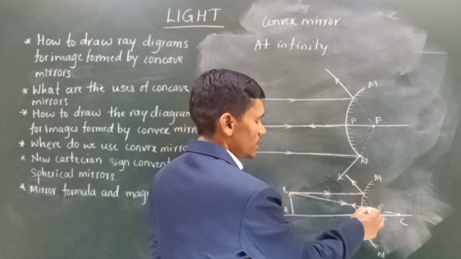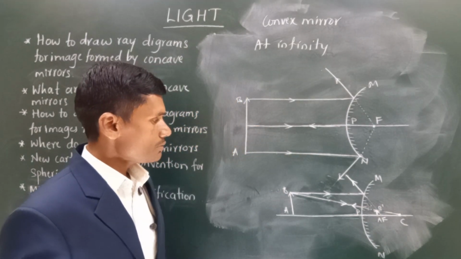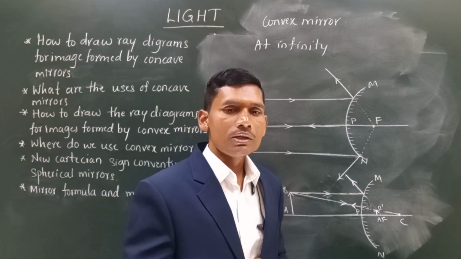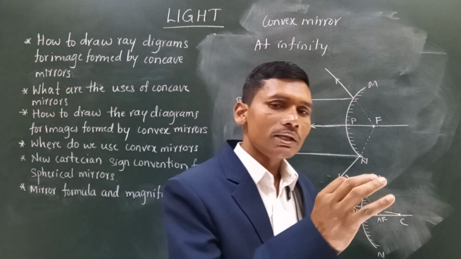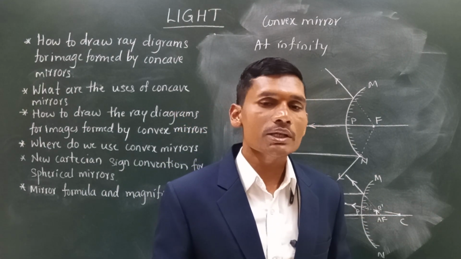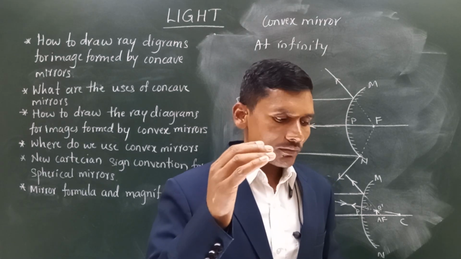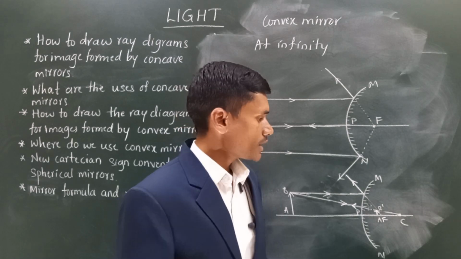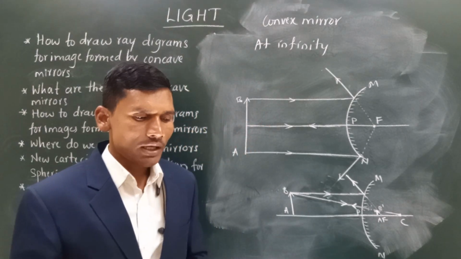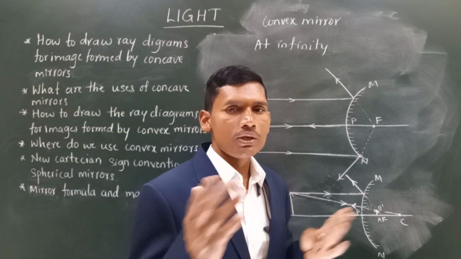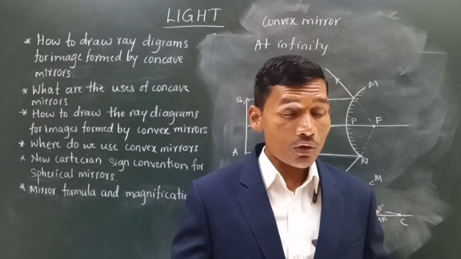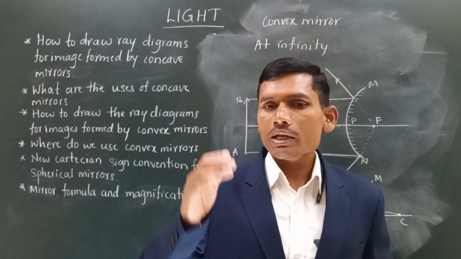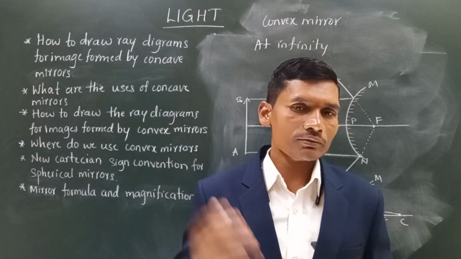So this is image formation by convex mirror. Only two positions we are considering: one is when the object is at infinity, and the next is when the object is between infinity and pole of the mirror. That we have already finished now. Next question arises, where do we use these concave mirrors, convex mirrors? Convex mirrors are used in automobiles for rear view.